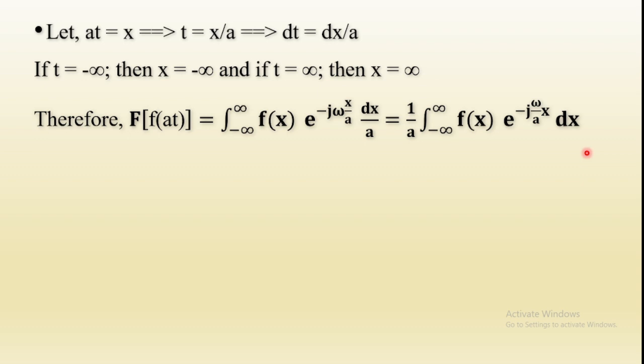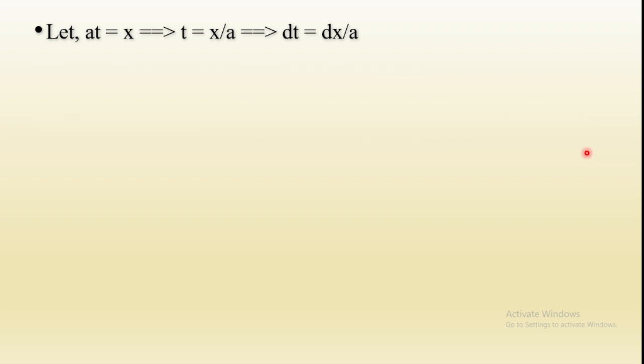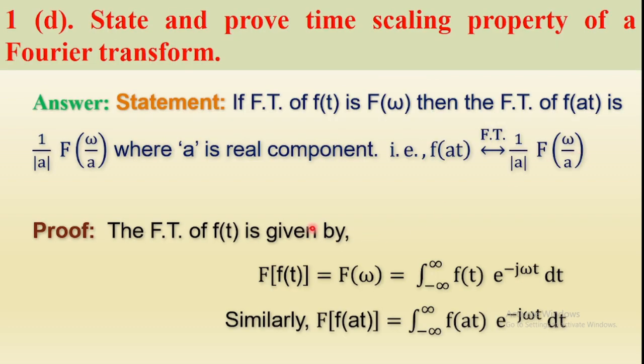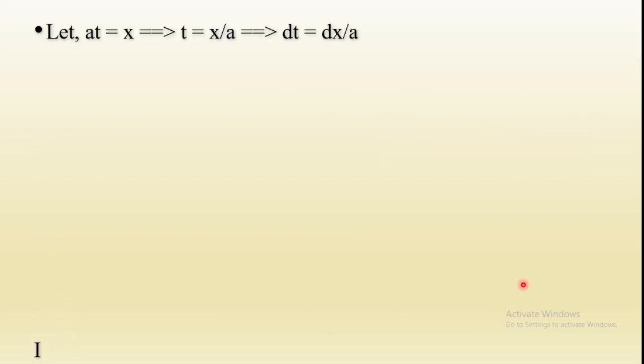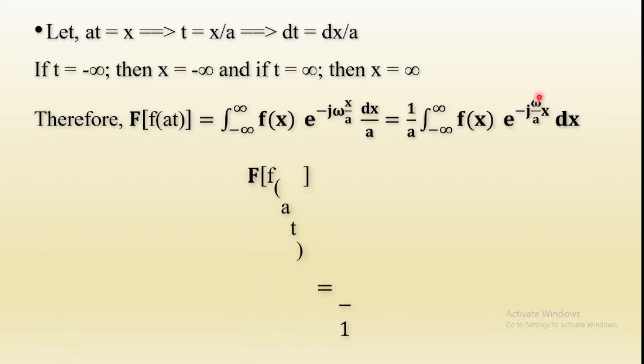According to the definition of the Fourier transform, the integral of f of t e power minus j omega t dt is F of omega. Using this definition, here in place of omega, omega by a is there.